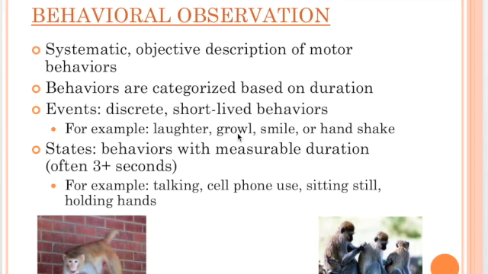There are also state behaviors. State behaviors are those that have a reliably measurable duration. So our rule that we use is that these are behaviors that last for 3 or more seconds. So 1, 2, 3. As long as it lasts that long, we generally can try to measure the duration of it.